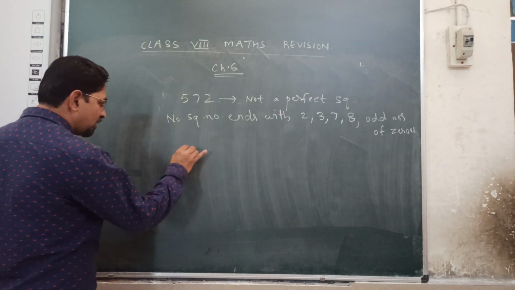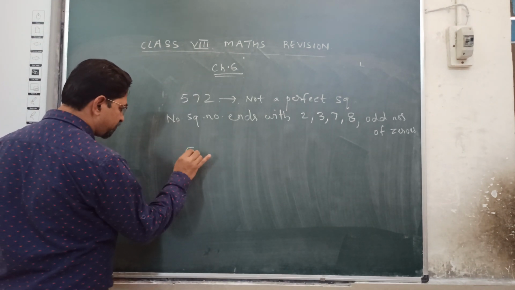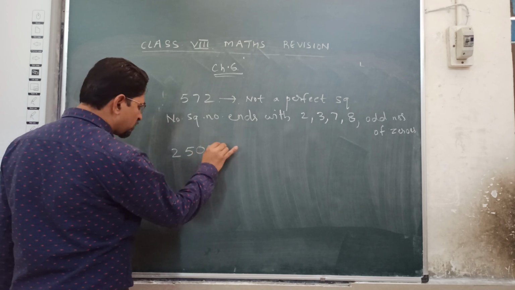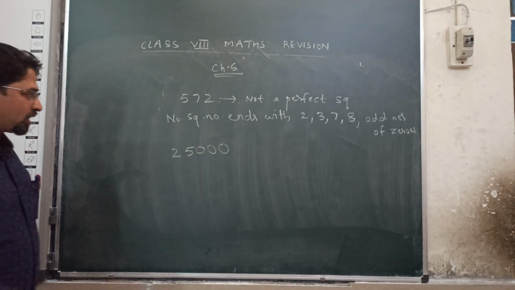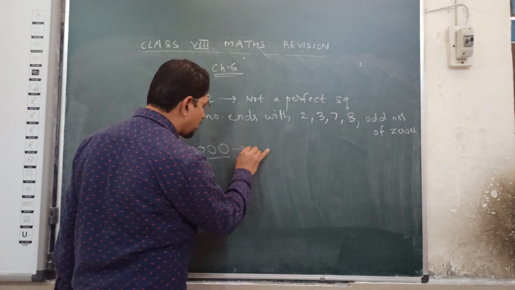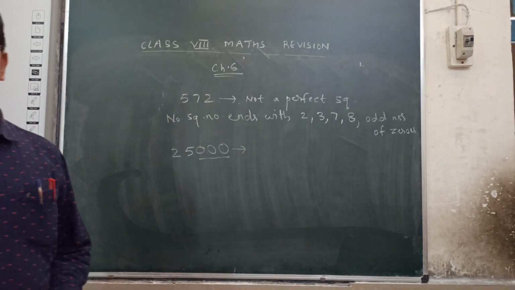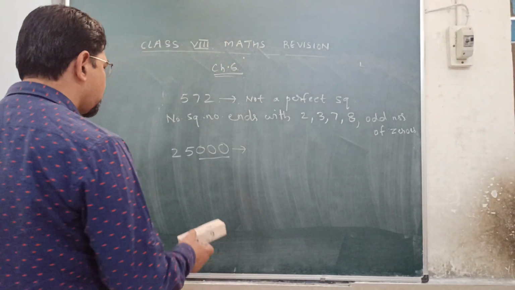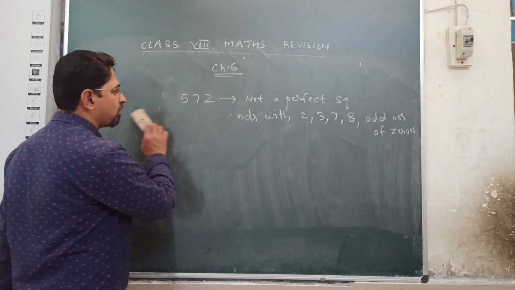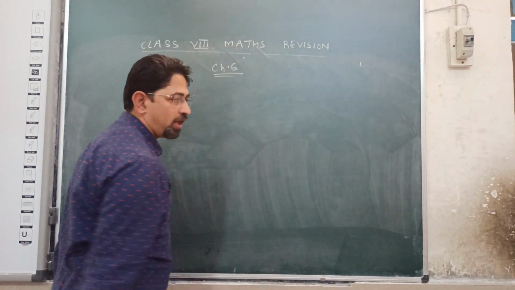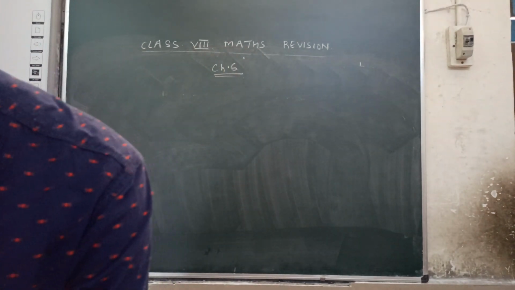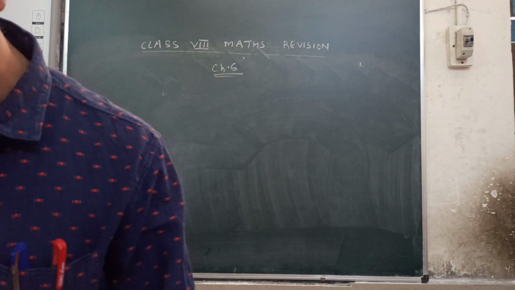For example, if the number is 525000, there are 3 zeros at the end, so it will not be a perfect square because it ends with an odd number of zeros.